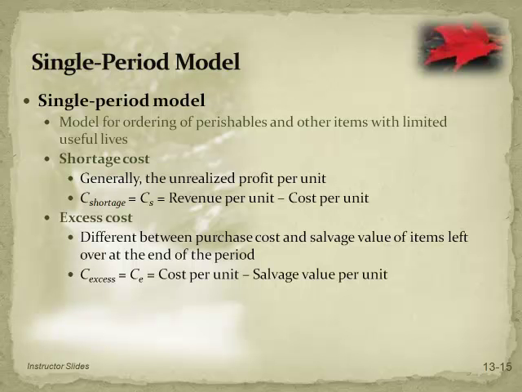So in some cases, there could be something that has a salvage value. So I can't sell it for the same price as if it was fresh, but I can get something for it. An example of an item that has a salvage value associated with it would be donuts. In certain bakeries, there are donuts available for customers that were made the day before, day-old donuts.